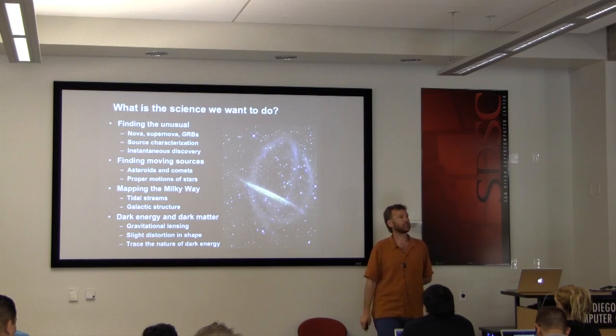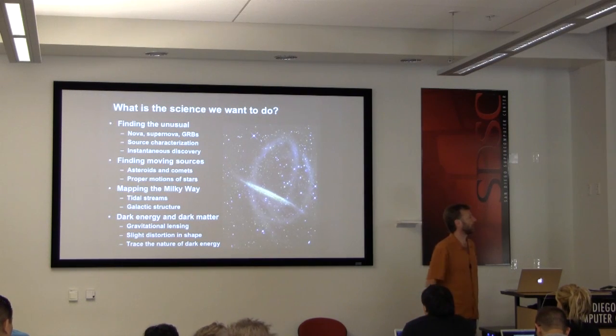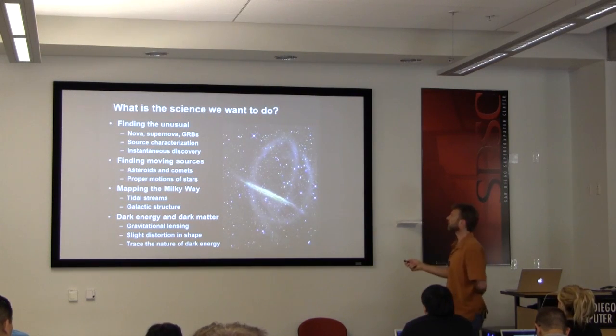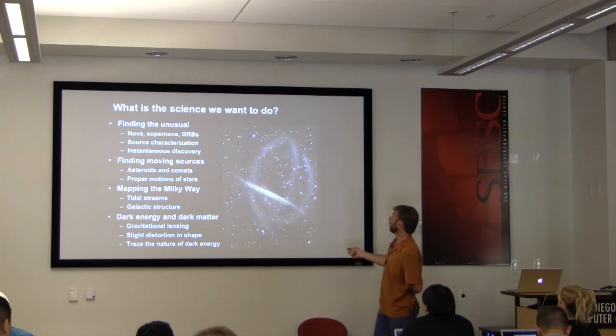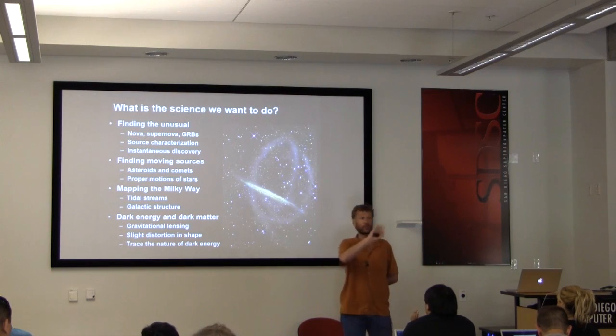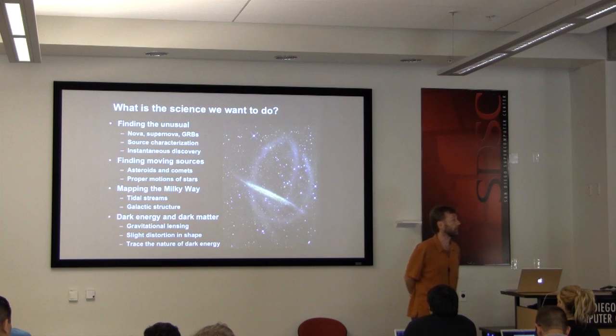And so what kind of astronomical applications do we want to do? Well, we might want to find the unusual objects, finding transient events, supernovae, gamma ray bursts. We might want to look for moving sources, asteroids moving across the sky, and characterize their orbits.